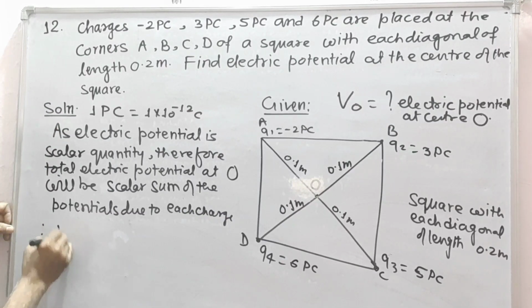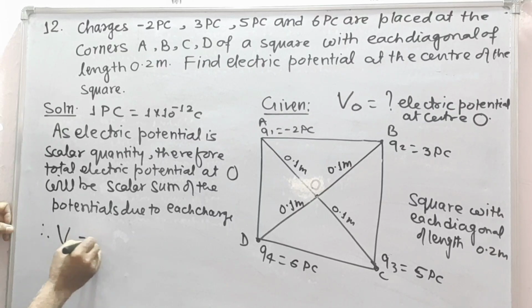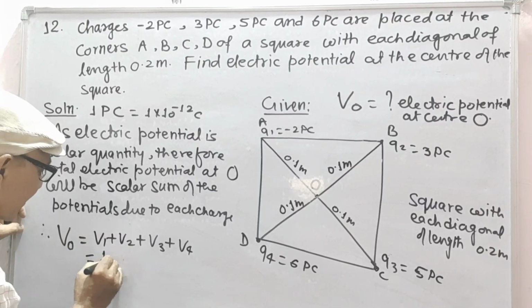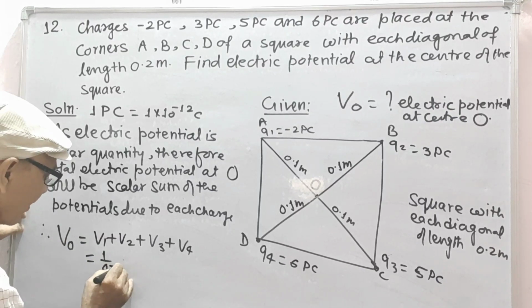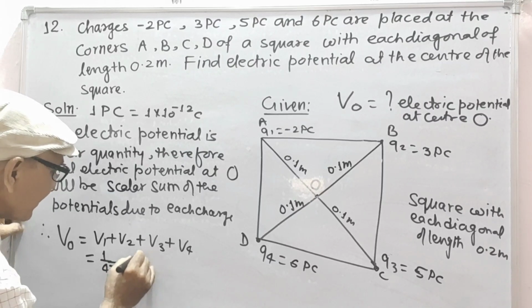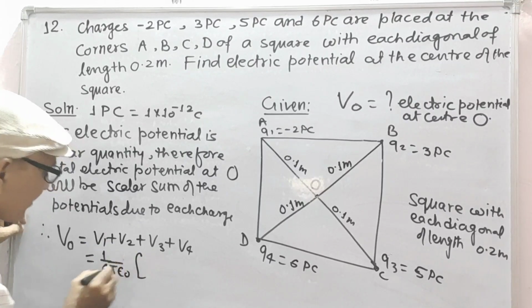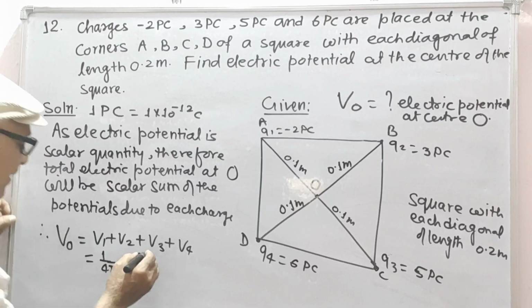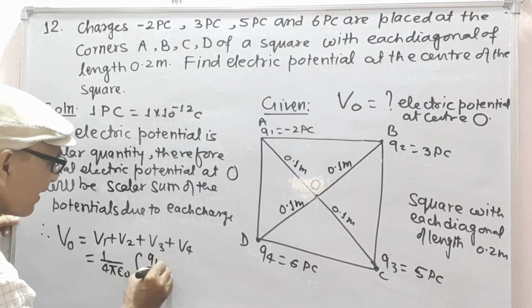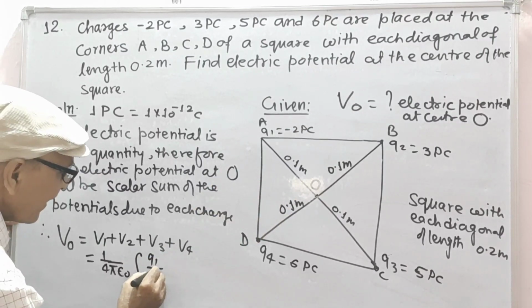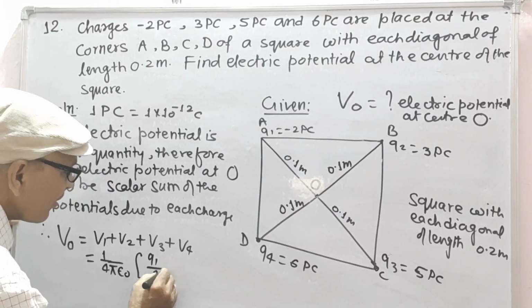Therefore, V at O can be written with 1/4 pi epsilon 0 common to each potential. V1 will be equal to 1/4 pi epsilon 0 Q1 upon AO.